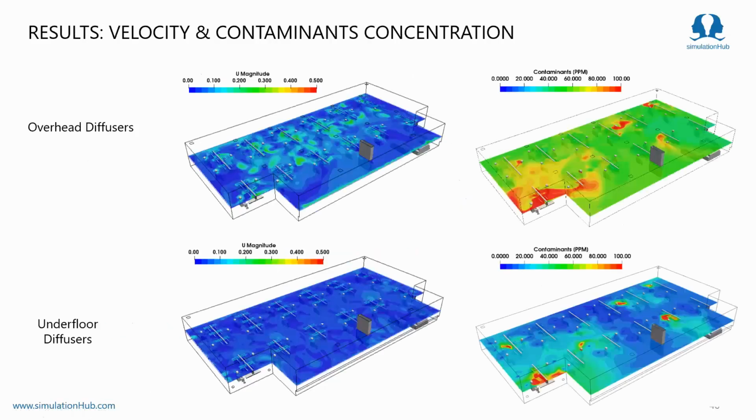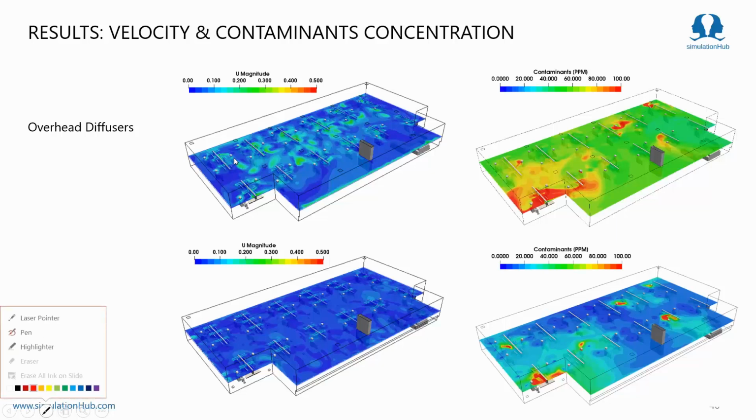So first we are performing a one-on-one comparison between the overhead diffuser and the underfloor diffuser. On the top, these are the contours of velocity and concentration taken at the human nose level, and similarly for the underfloor diffuser as well. Let's analyze these results in more detail.